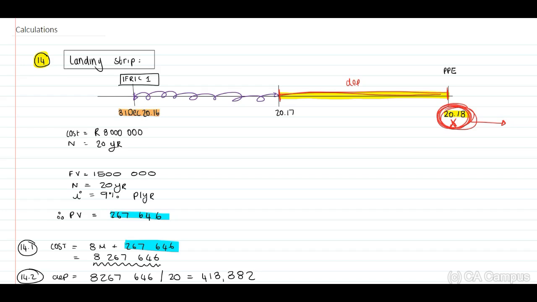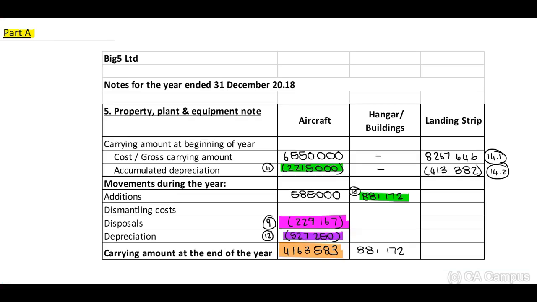Therefore, our depreciation will remain to be the 413,382 in terms of our current year. I'm looking for my column and my line. Sorry guys. 413,382. Again guys, 14.2, my calculation reference.